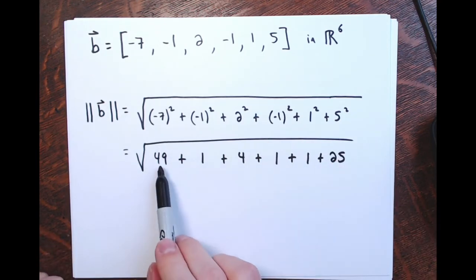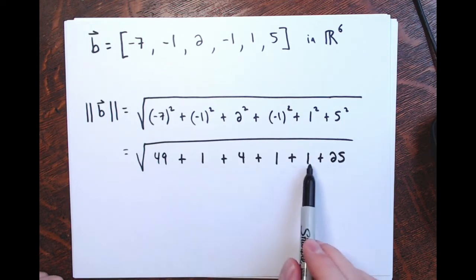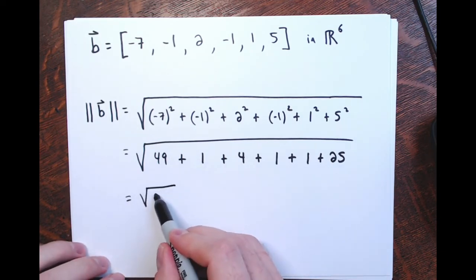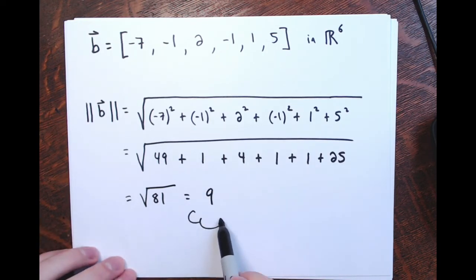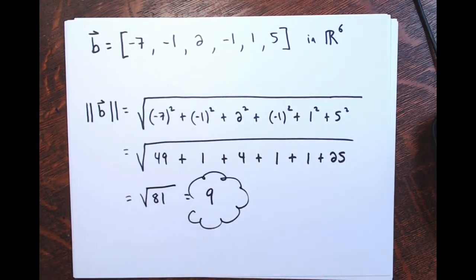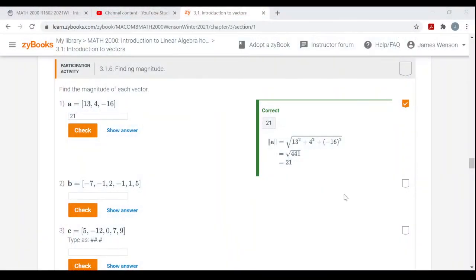So that's 50, 75, that's 81. This is the square root of 81, which, for our purposes, since we're talking magnitude, length, should be a non-negative result. The non-negative square root of 81 is 9. So back here, enter 9.